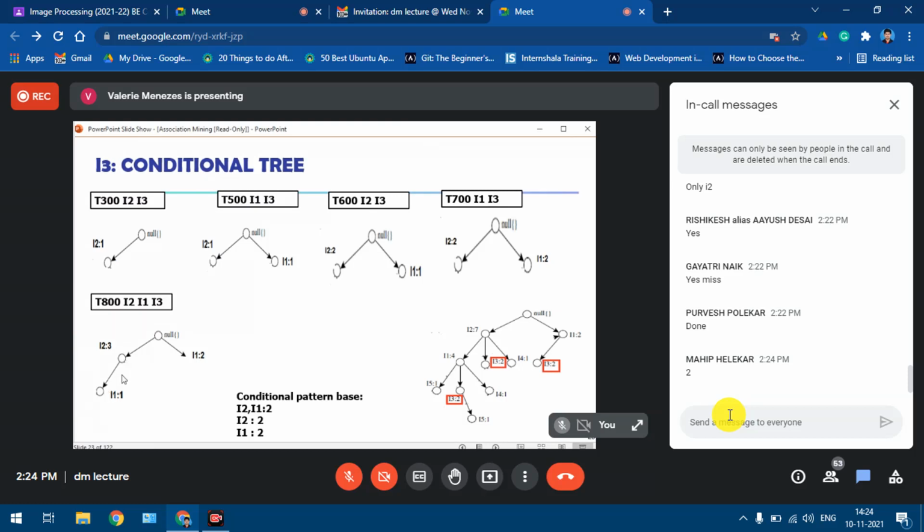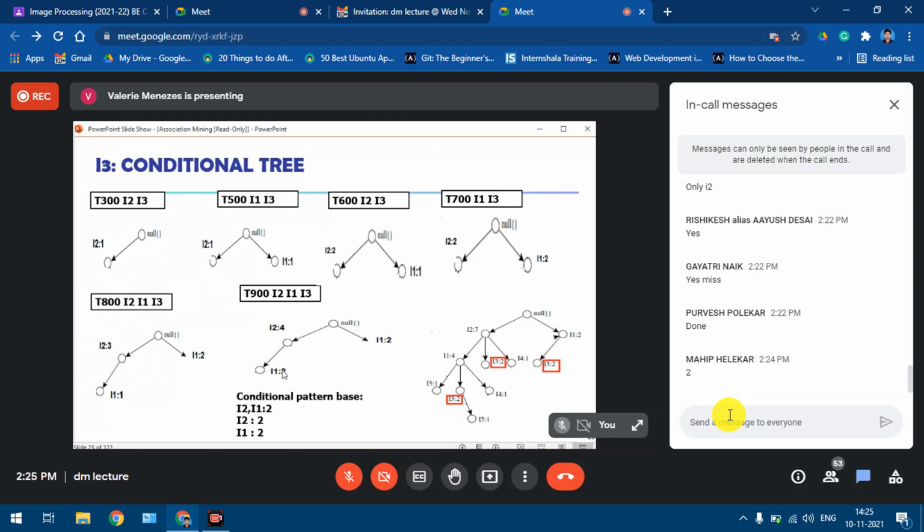The count is 1, and I2 will be 3 because it is traversed again. Then you again have T900, I2, I1, I3. There is I5 also, but we don't consider I5; we only consider till I3. So again we increment the count for I2, I1.